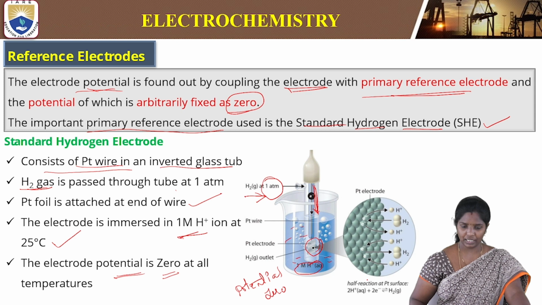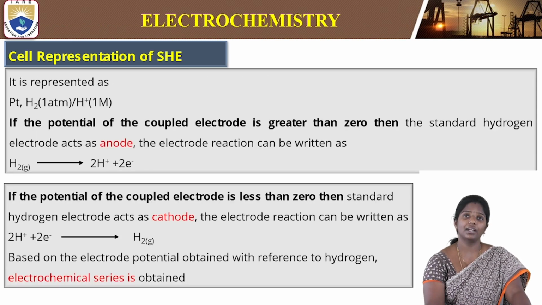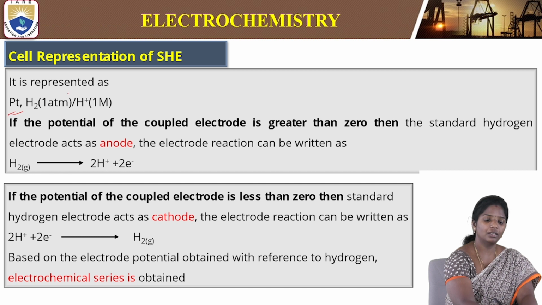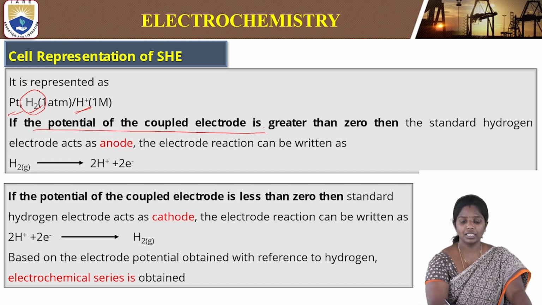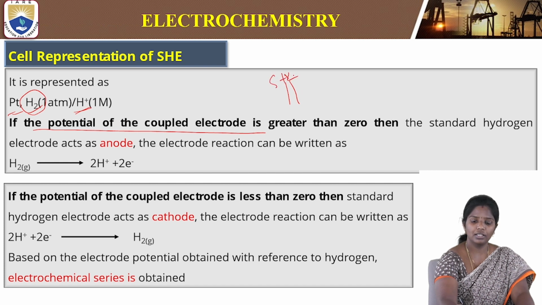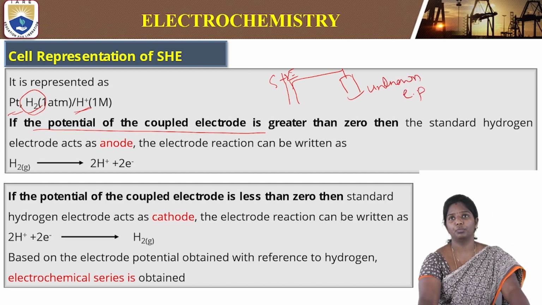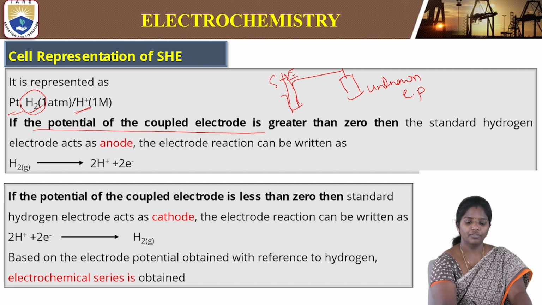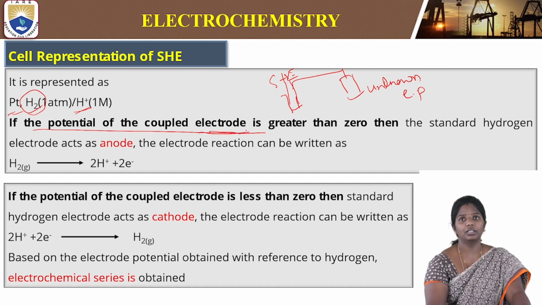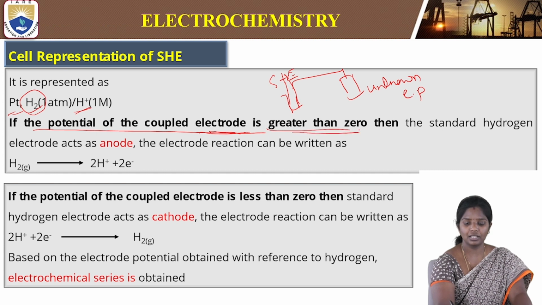So let us see the reaction that is taking place at a standard hydrogen electrode. The platinum is dipped in H+ ions, and hydrogen gas is passed. When this electrode is coupled with another, unknown electrode, what happens if the electrode potential of the unknown is greater than 0?